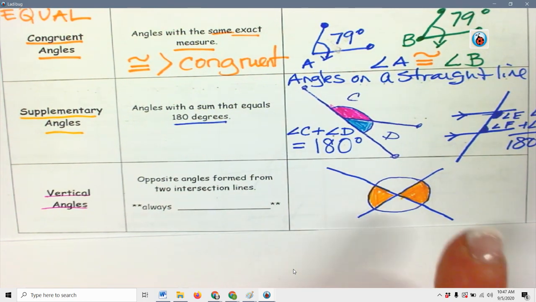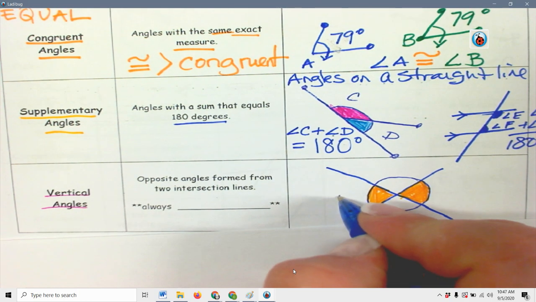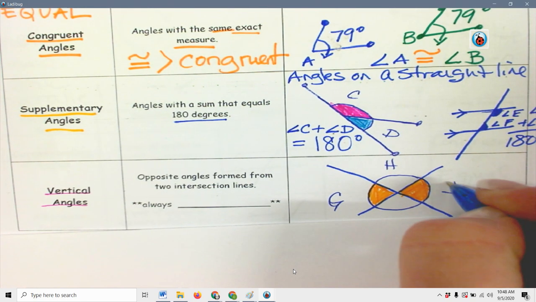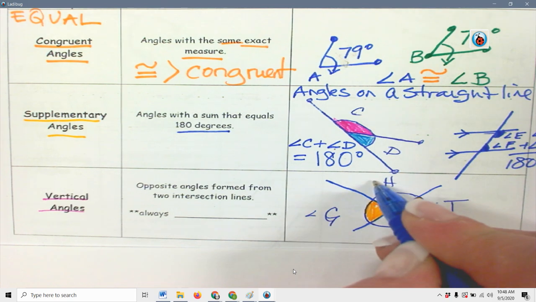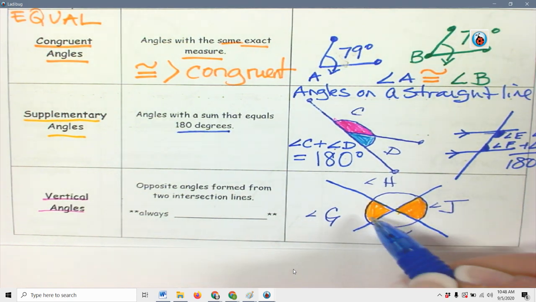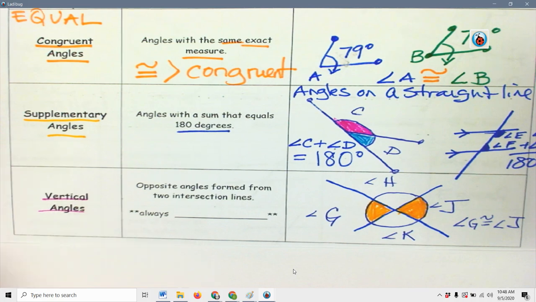So the yellow angles, we'll call these G, and this angle J, we'll call this angle K. So angle G is congruent to angle J because they are vertical angles.